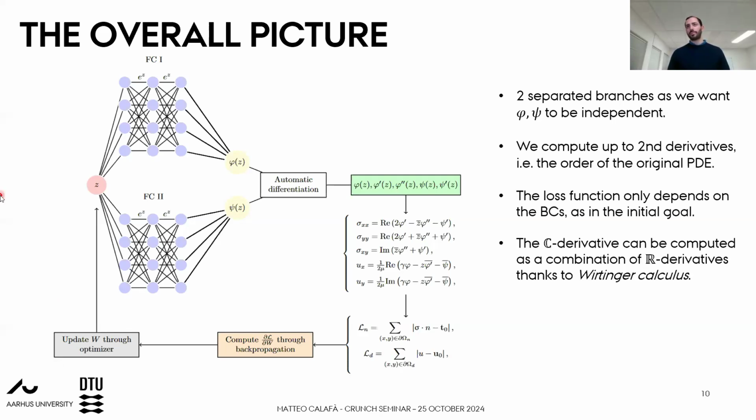Just two final remarks. The complex derivative is computed in some libraries like PyTorch as a combination of real-valued derivatives. And this is thanks to what is called the Wirtinger calculus, which is well known and you can search for it on the internet.